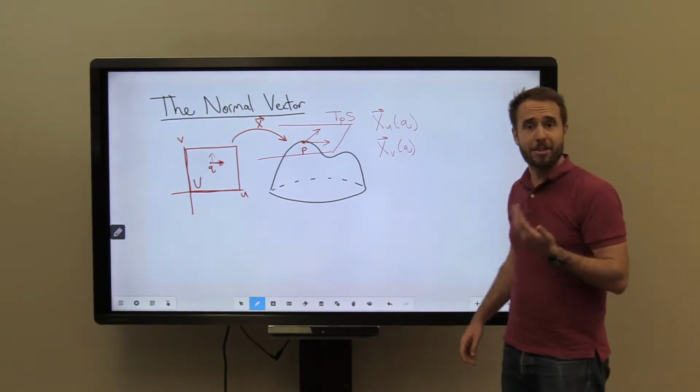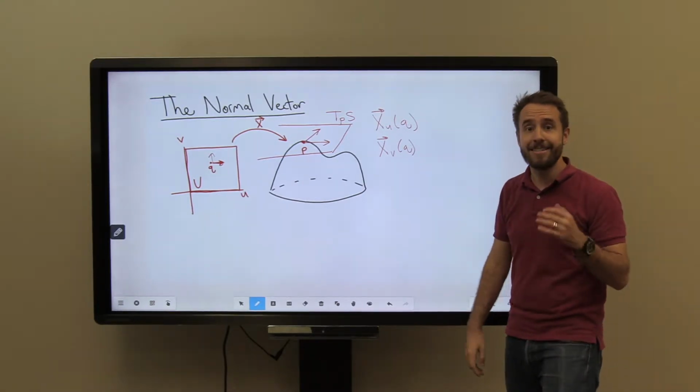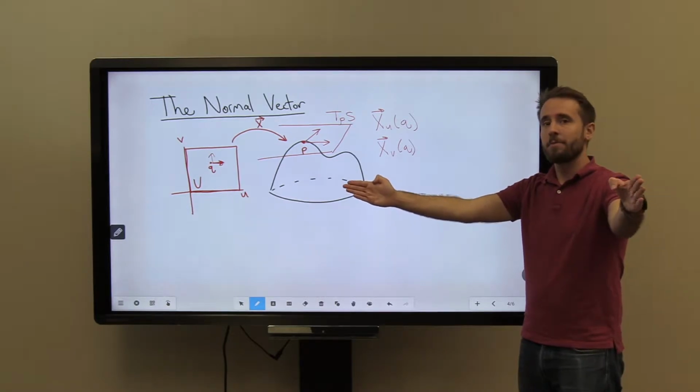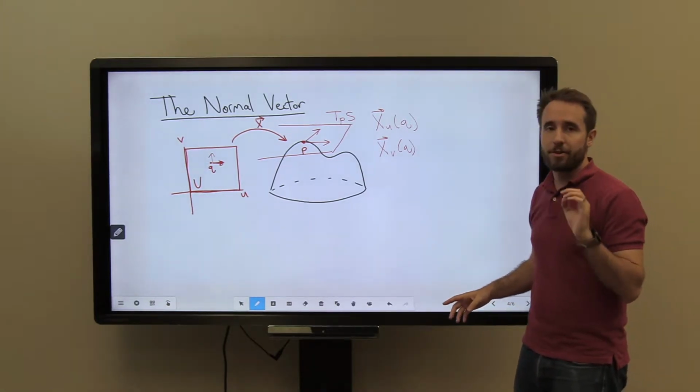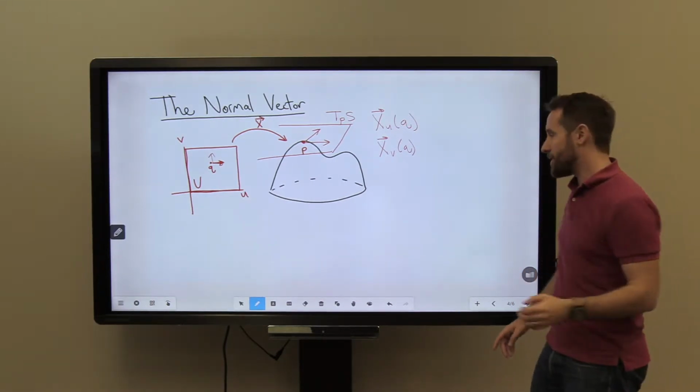But in that case, we're actually in luck, because here I have two vectors that lie inside the plane, right? I have X sub U and I have X sub V. And so we know that we can find a vector perpendicular to both of those just by taking the cross product.